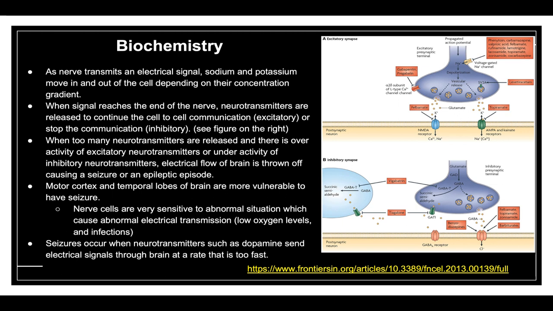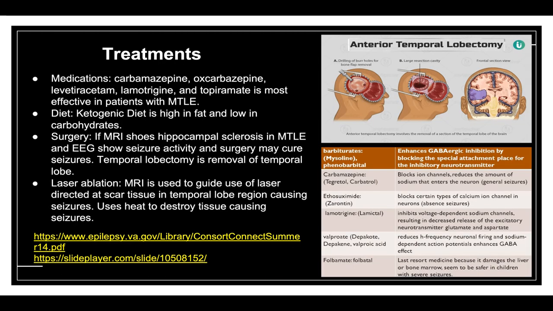In times of excitatory synapse, there are voltage gated sodium channels, and then depolarization. And in the inhibitory synapse, there are glutamate and GABA taking place. And all the information could be found in the link down below. Moving on to the treatments.